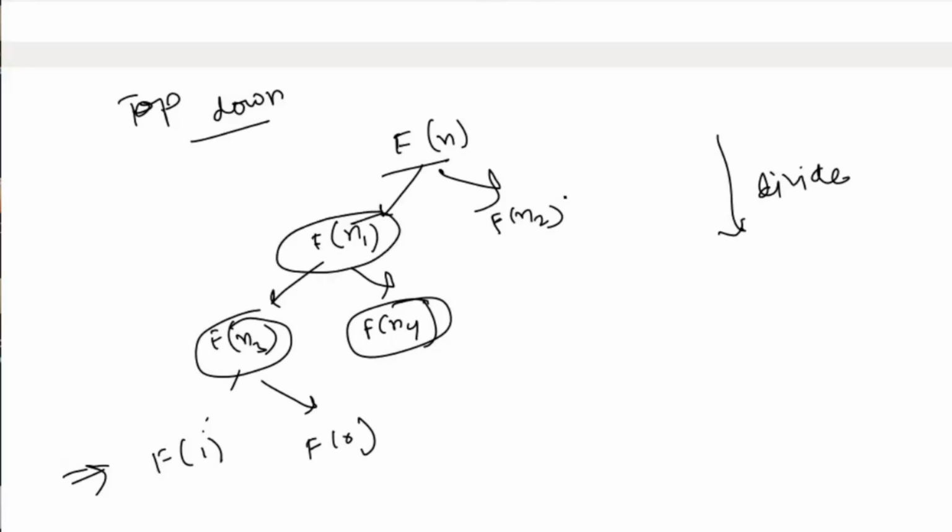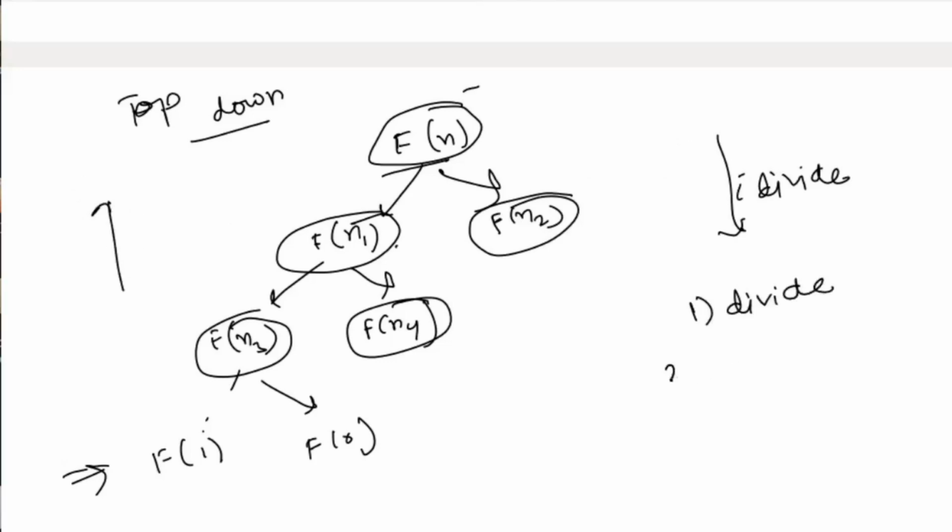Then you combine results of these two problems to get the result of the final problem. So actually the combining is the third step. First is divide. Second is base cases, and third is then combine the solutions.